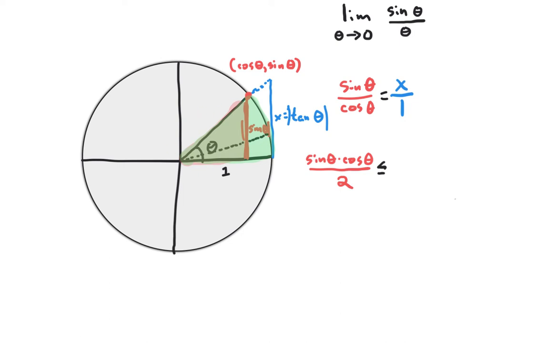So 2 pi would be the entire circle, so we want theta over 2 pi-ths. So that's the ratio of the circle that we're taking. And the area of the circle is pi. So these pi's, of course, cancel, and we're left with theta over 2.